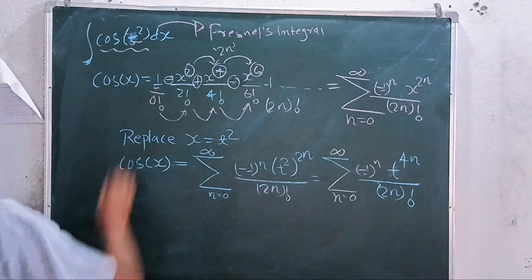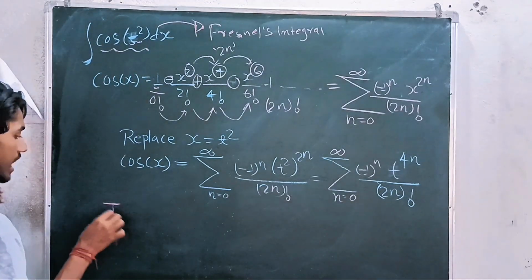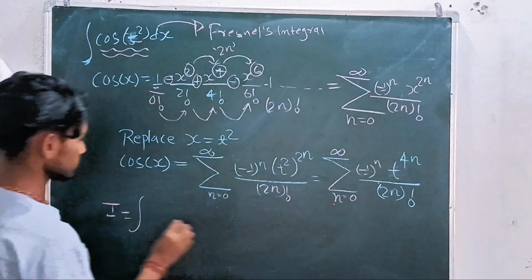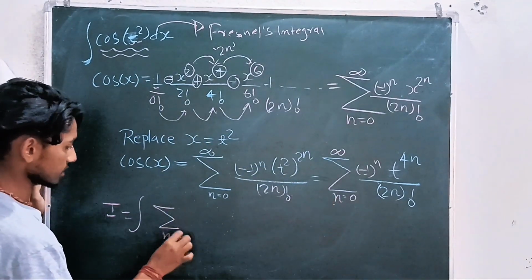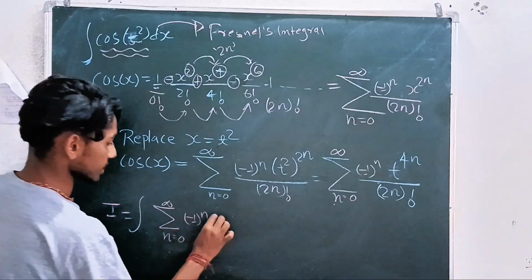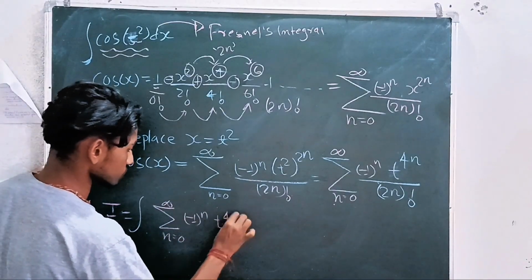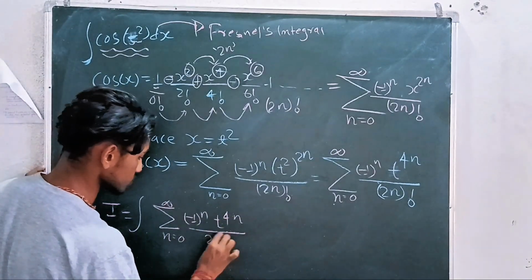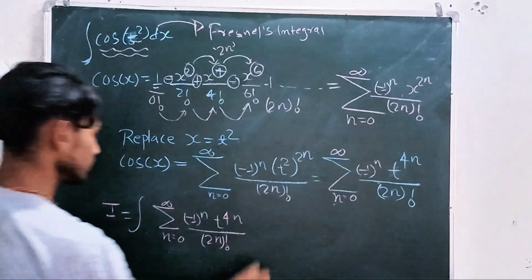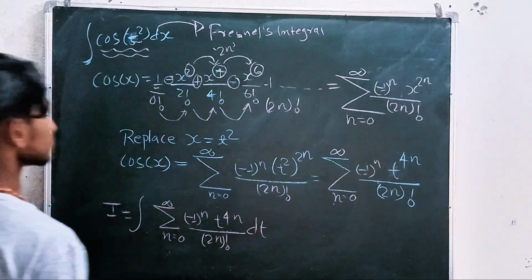Then just substitute here. The integral I can be written as the summation, n goes from 0 to infinity, of negative 1 raised to power n t raised to 4n divided by 2n factorial, with respect to t.